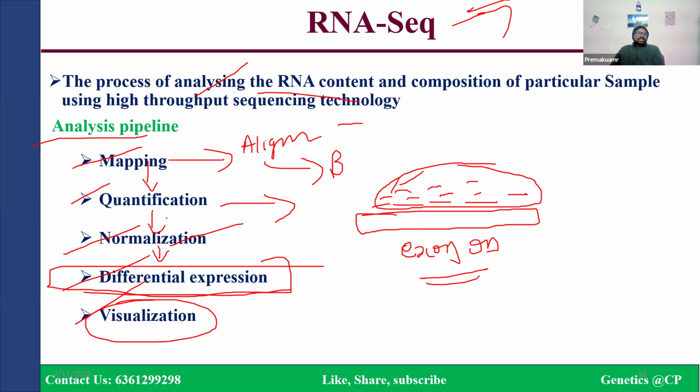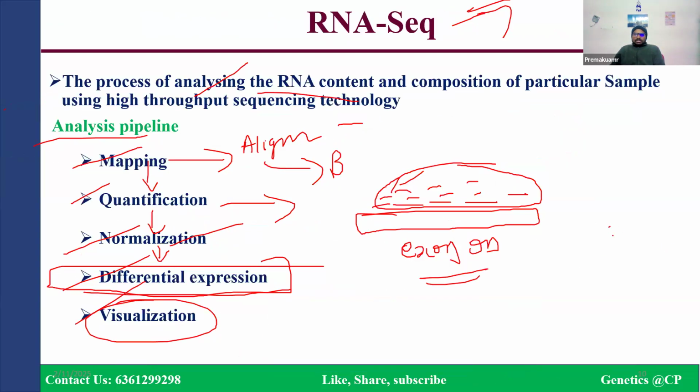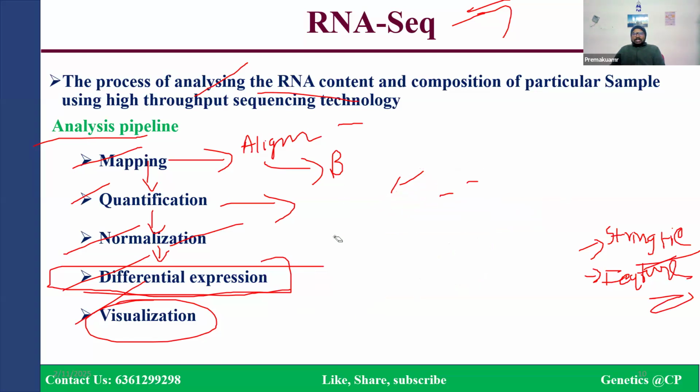For that quantification, we use software called Cufflinks, StringTie, or you can use featureCounts. Don't remember, but I'm just telling. If you don't know, it doesn't matter that much.